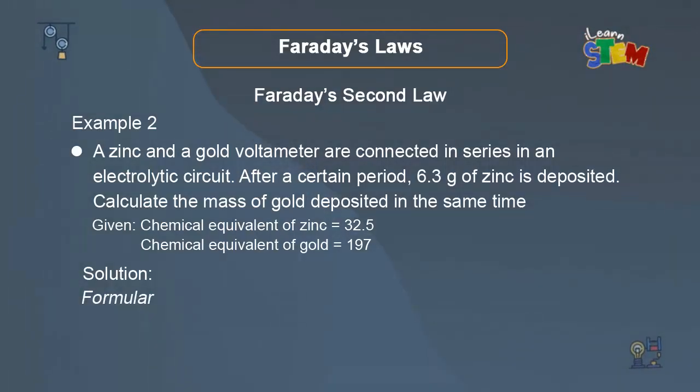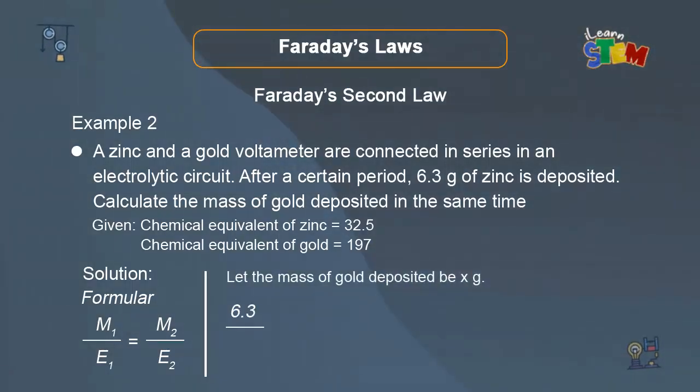The formula: M1 over E1 equals M2 over E2. That is, 6.3 divided by 32.5 equals X divided by 197, where X is the mass of gold deposited. To find X, we multiply both sides.